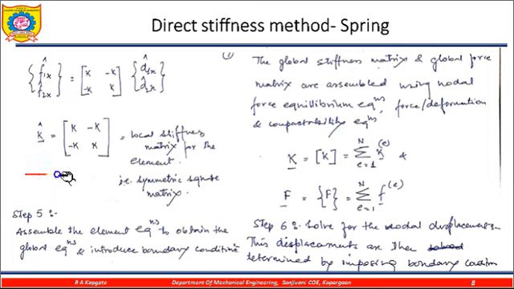Hence my element stiffness matrix is [k, −k; −k, k].